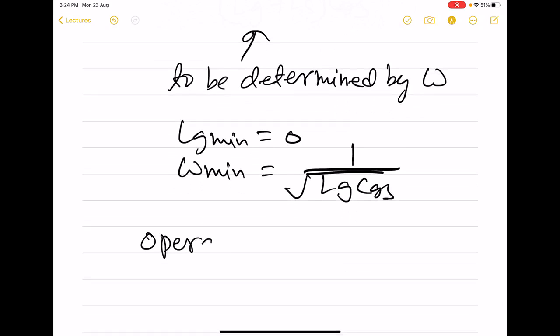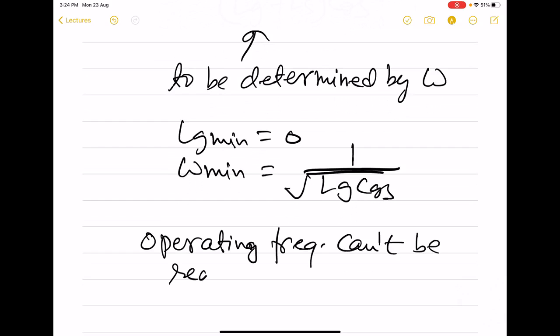Using this technique, we can only decrease the operating frequency, not increase it. Sorry, this is not the minimum, but this is the maximum omega we can have.